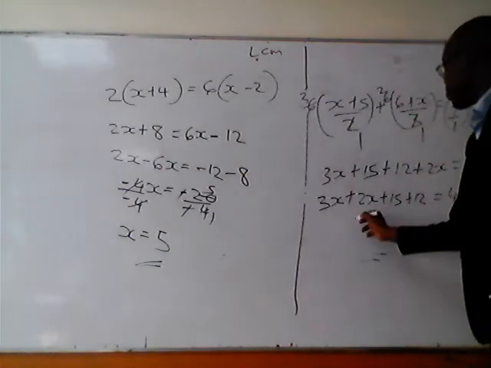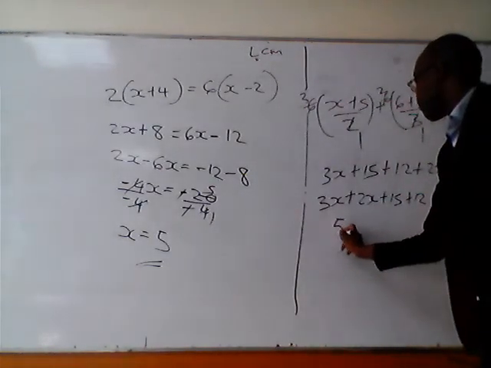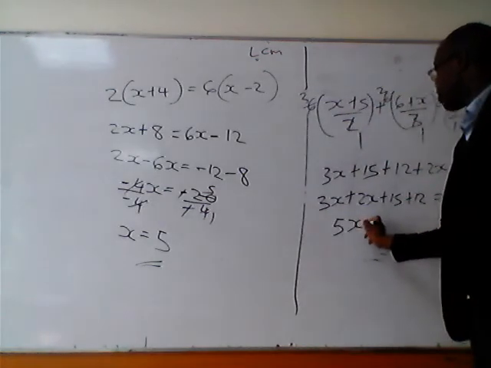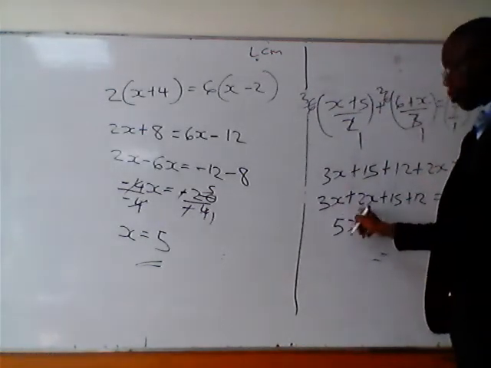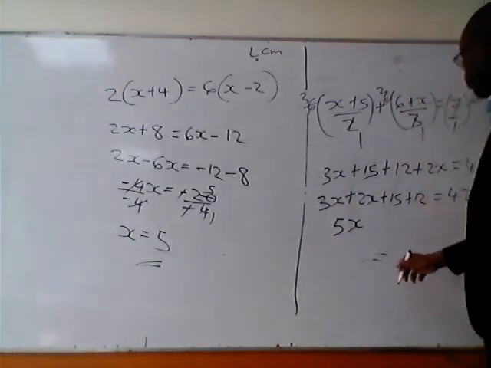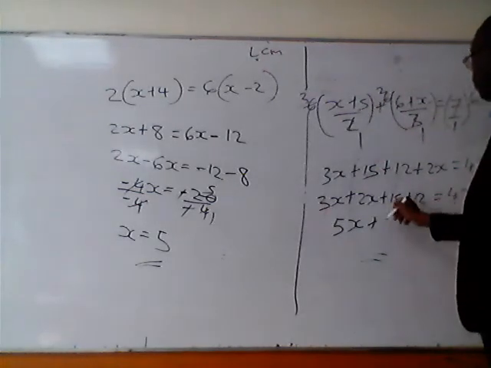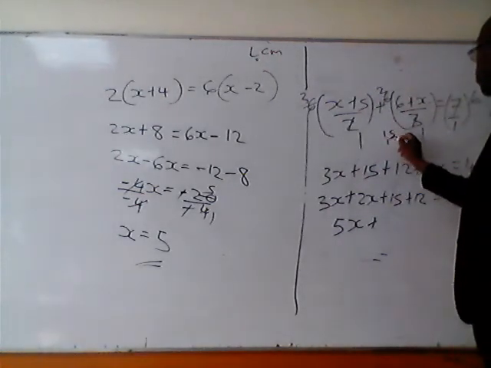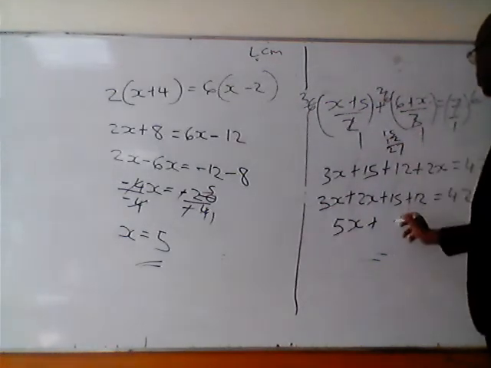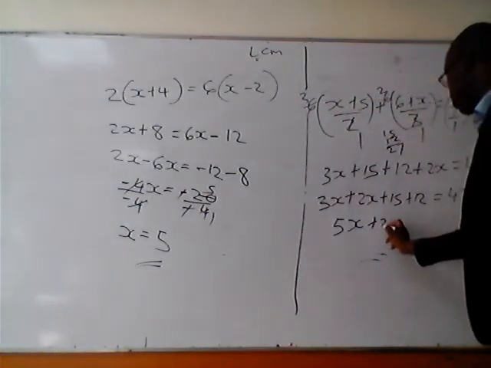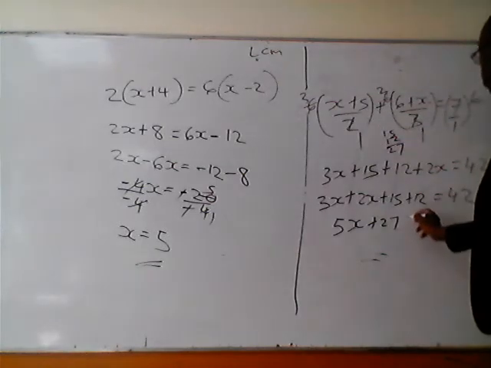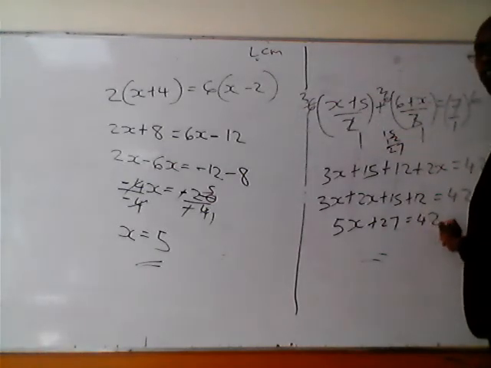So 3x plus 2x is going to be 5x, plus 15 plus 12, which is 27. So it's going to be plus 27 is equal to 42.